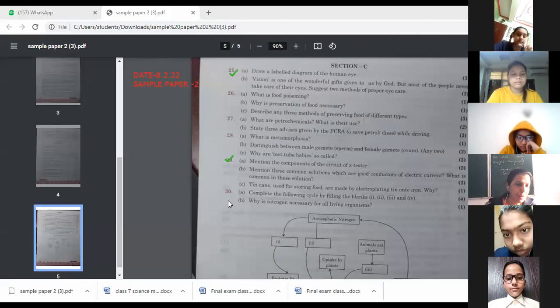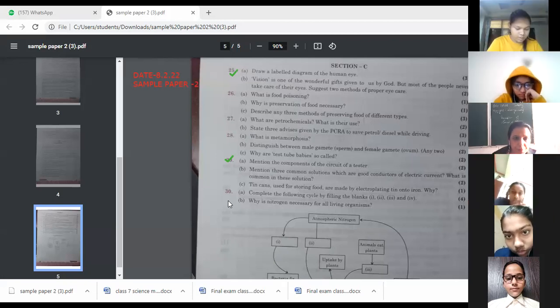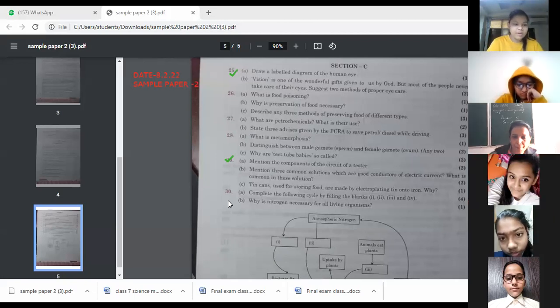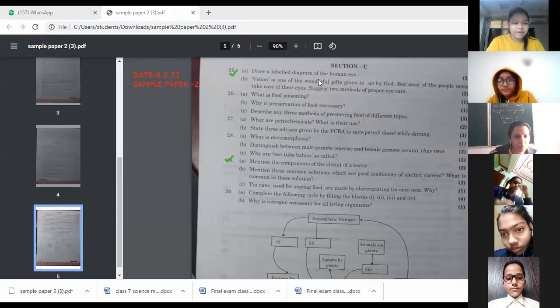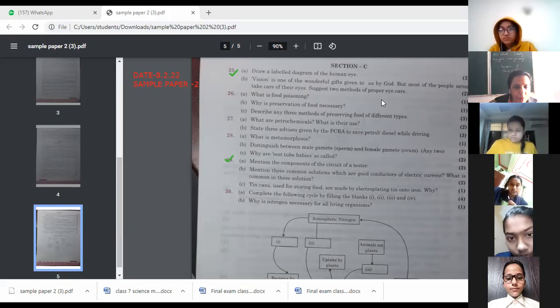Yes, ma'am. Okay, Anshika, give 1 or 2 points. Do not look at the sun or any powerful light directly. Wash your eyes with clean water at least 2 or 3 times a day. Okay, fine. So children, you can add these points on how to take care of our eyes, and kindly do it also. Take care of your eyes.